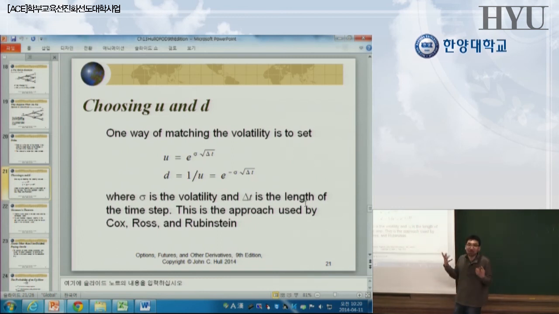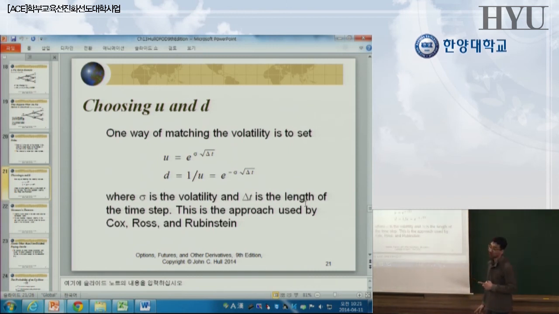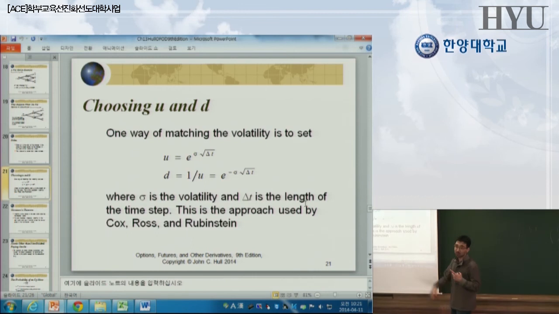But it is not my preferred one. I prefer another method which I will explain later, but anyway, this was the most popular one. If you set up return and down return this way, then the volatility of stock return becomes this one. If we have enough samples, the expected return of the stock price becomes the risk free rate because we are in the risk neutral world.